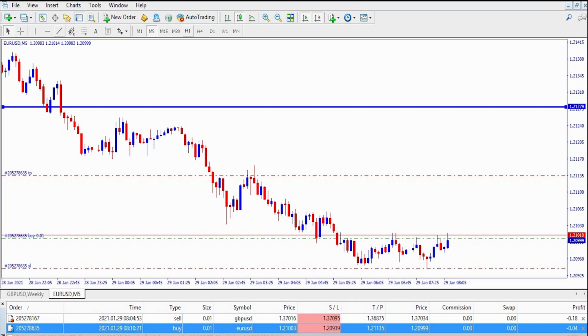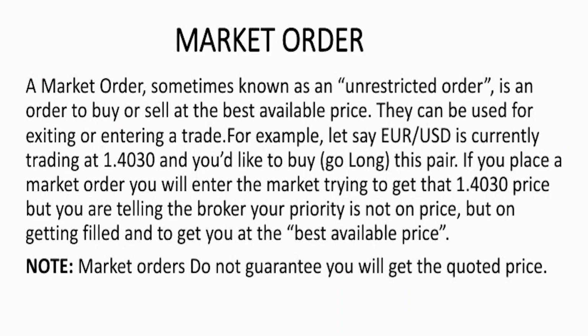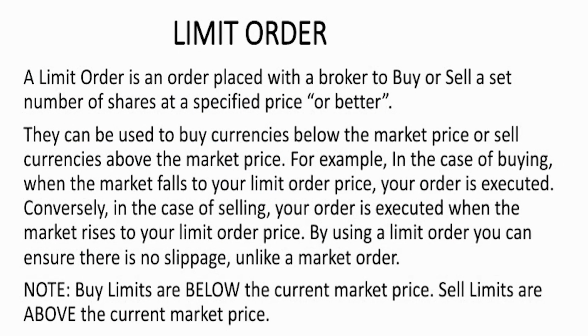Next on our list is the limit orders. A limit order is an order placed with a broker to buy or sell a set number of shares at a specific price or better. They can be used to buy currency below the market price or sell currency above the market price.